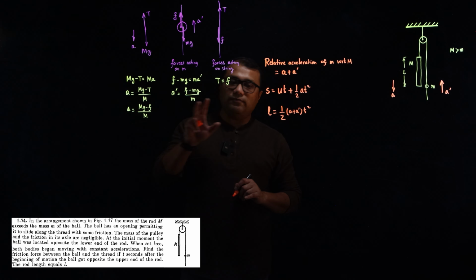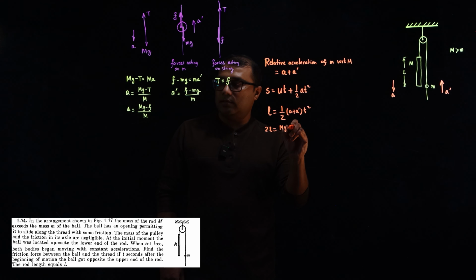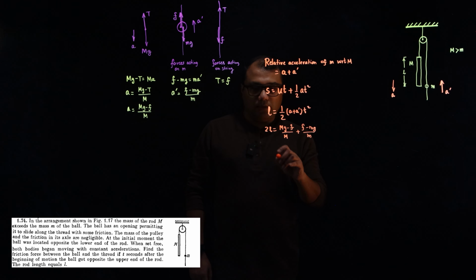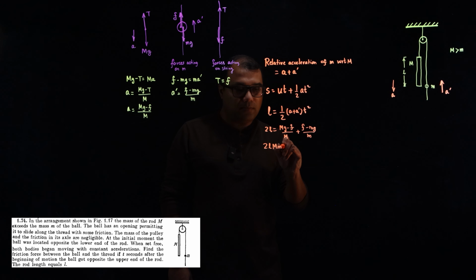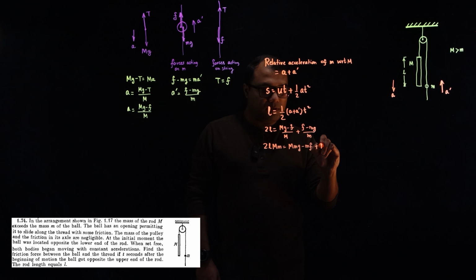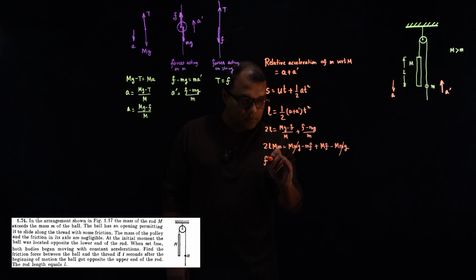Now let's substitute the values of A and A dashed. So 2L equals Mg minus f by M plus f minus mg by m. So 2L Mm equals MMg minus Mf plus MF minus MMg, and this and this we can cancel. So F times M minus m is 2L Mm.